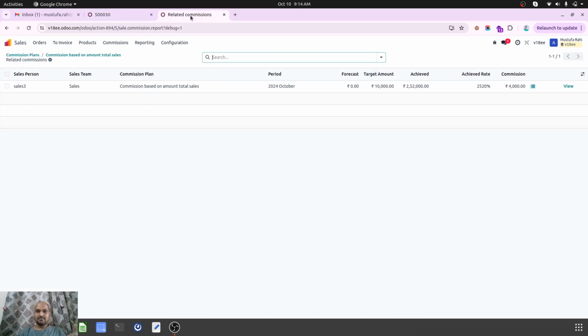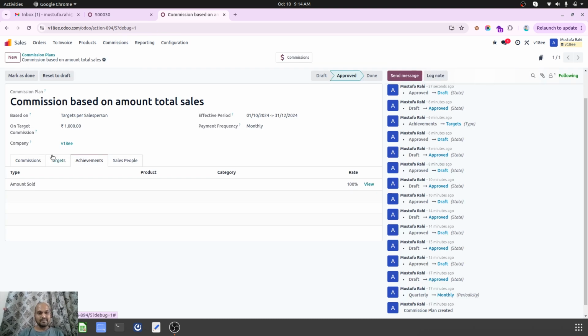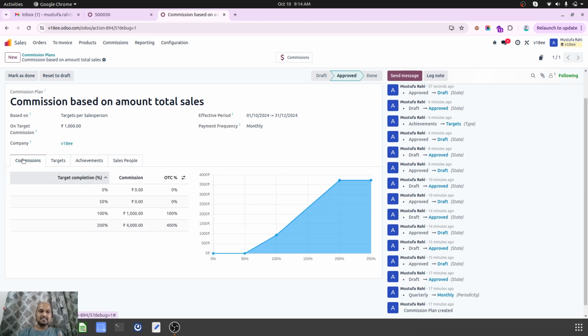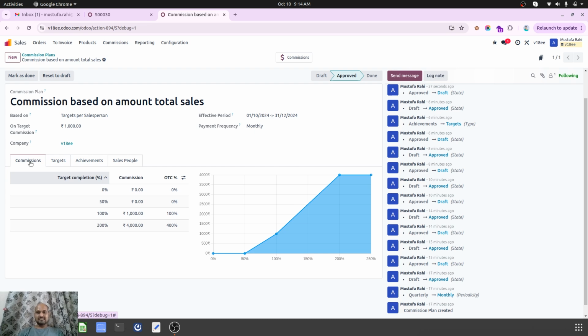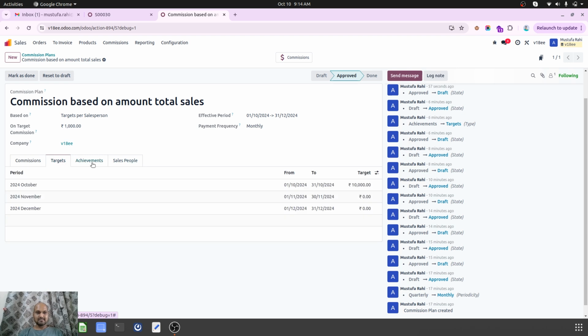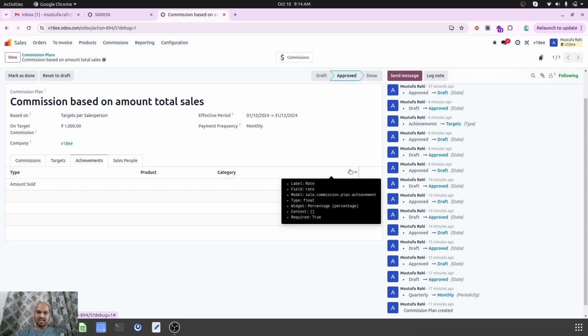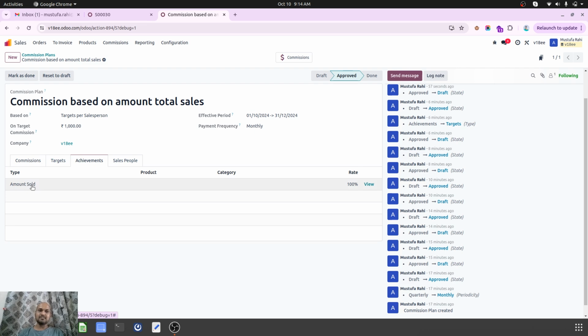So this is how very smartly the entire plan has been configured, and based on this rate the target amount is being calculated on the entire sales order amount. Hope you guys have got a very good understanding of what the target is, what this rate is, and how it impacts our entire cycle based on total sold amount.